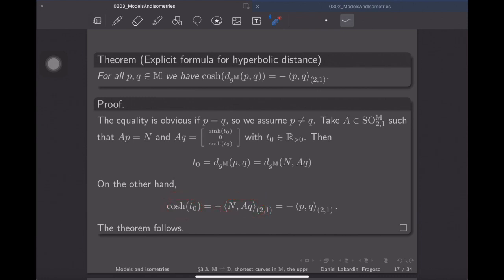But A preserves the pairing, so this pairing is equal to the pairing of P with Q. So the hyperbolic cosine of the distance is equal to minus the pairing. That's precisely what is written here.